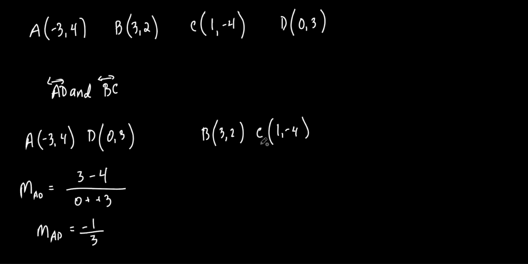So what am I going to do to this line over here? Find the slope of that, and then compare them. Look at them. If the other slope comes out to be negative 1/3, then what's true about these two lines?